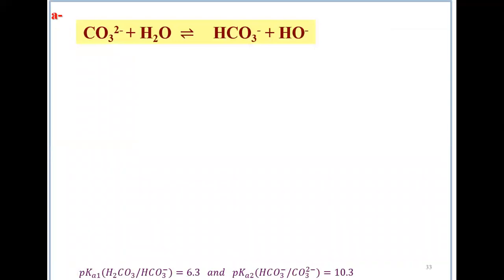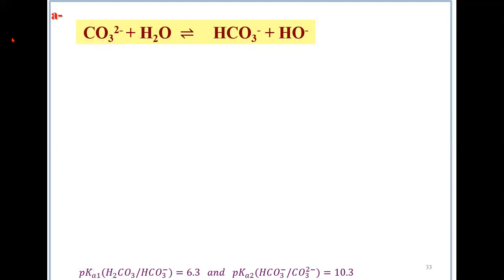So part 1, they want the equation. Okay, so they want the hydrolysis equation, not the titration equation, okay? The hydrolysis equation means in water. I'm hydrolyzing in water. So when I put my base in water, of course the hydrolysis equation and their corresponding Kb values.